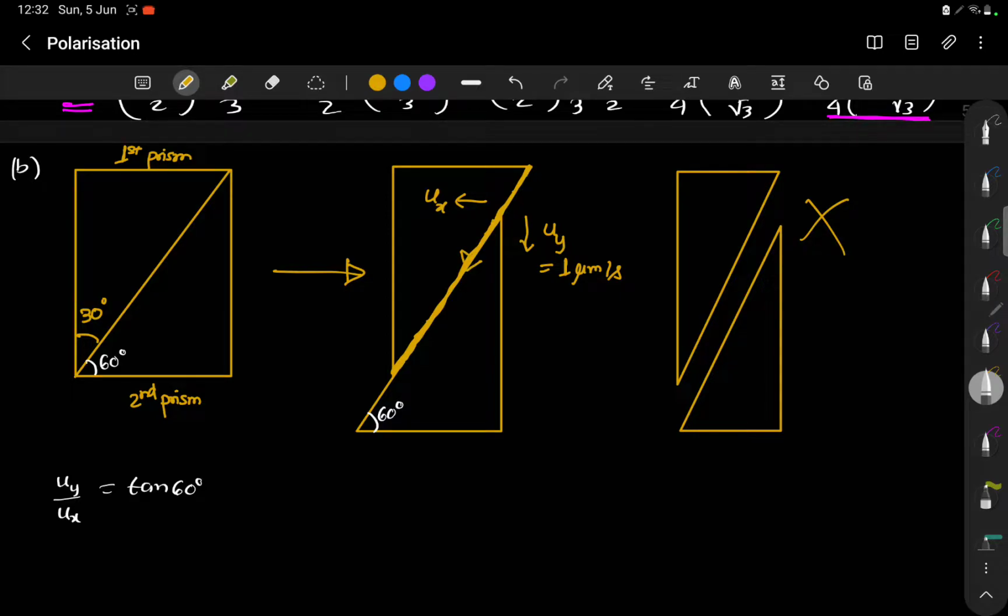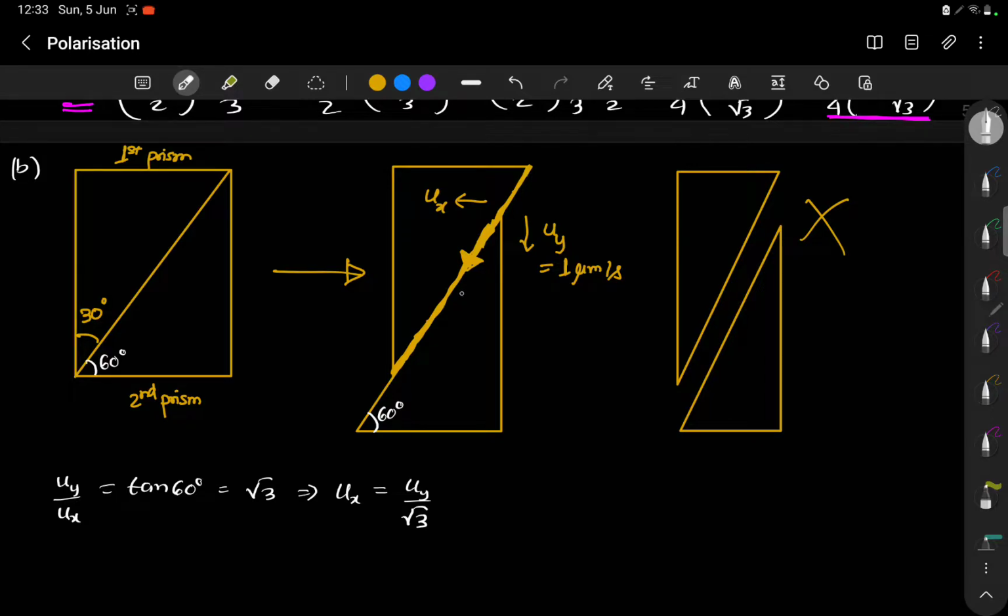The net velocity direction would be along this interface that we have, and the components are uy and ux, and this angle is 60 degrees. So this angle right here is also 60 degrees. So we have uy over ux is equal to tan 60 degrees. And tan 60 degrees, oh sorry, let me change the color. Tan 60 degrees is root 3. So we have ux equal to uy over root 3.